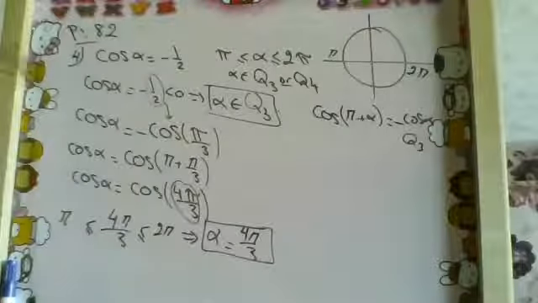So alpha is in quadrant 1. Then what do I write? Tangent alpha equals 1. Use the table.